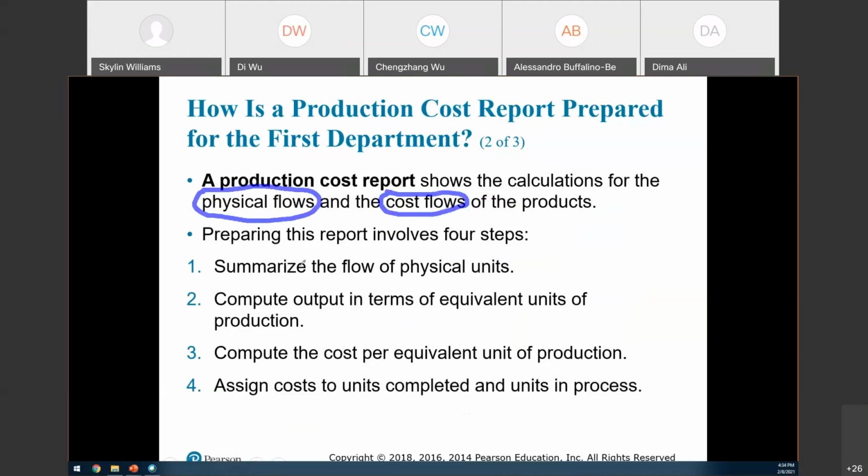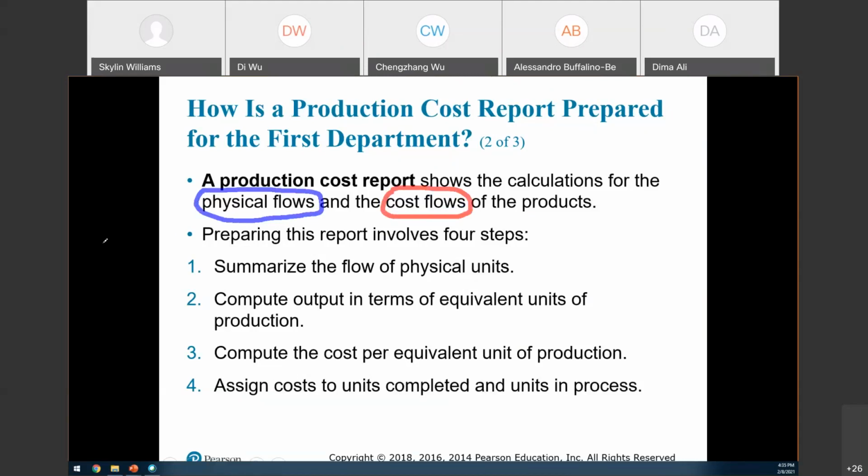So, regarding these, again, the first part is about physical flows, and the second part is about cost flows.